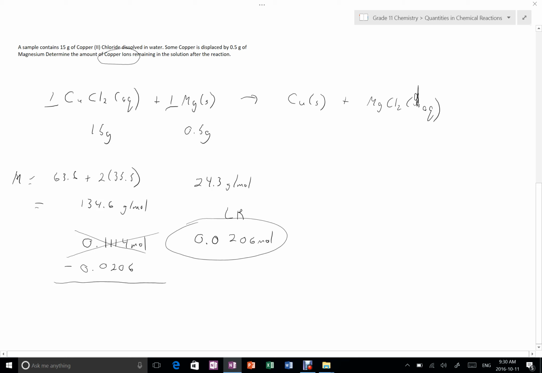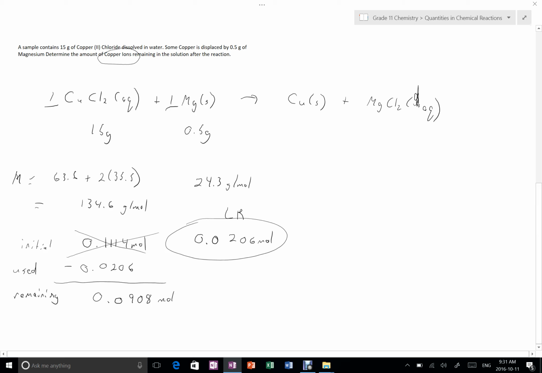So 0.1114 minus 0.0206, and what I'd be left with is 0.0908 moles of copper. I started with this much, I used this much, and so this is remaining.